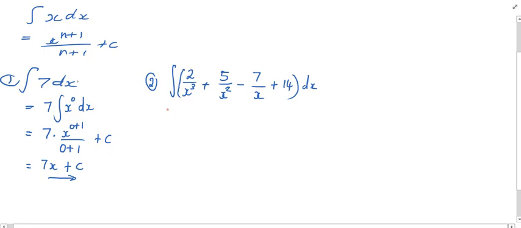So essentially, this is the integral of each separately.